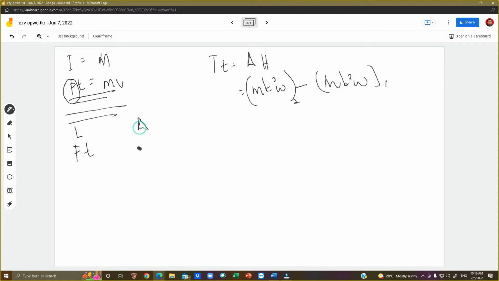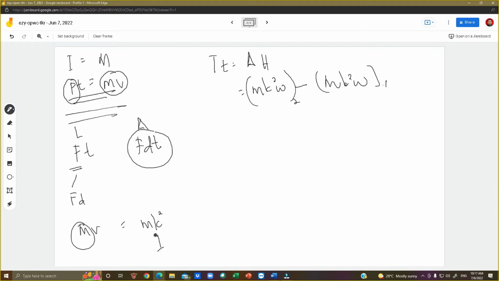In angular, it is going to be F, which is torque, means it is Fd. So we have Fd T, angular impulse. And momentum in linear is m, here is moment of inertia. It will be mk square or I, and then v will be omega.